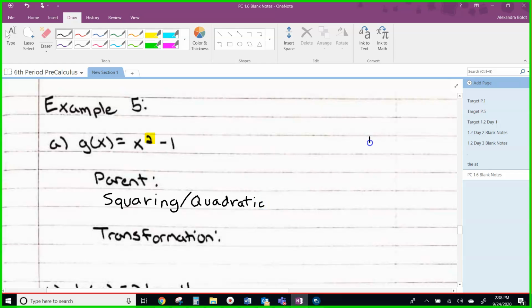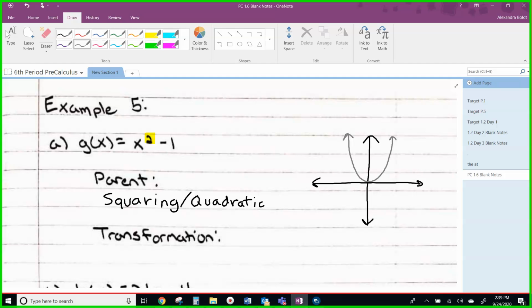So I'm just going to start by graphing that parent function. So there it is. It's beautiful, right? We should know how to sketch the graph from memory, right?